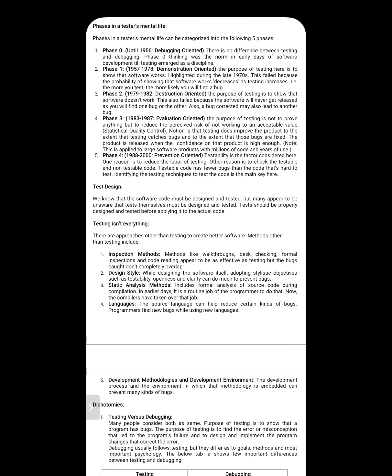Phase 3, 1983 to 1987, evaluation oriented. Here, evaluation oriented means the purpose of testing is not to prove anything, but to reduce the perceived risk of not working to an accepted value. That is nothing but statistical quality control.